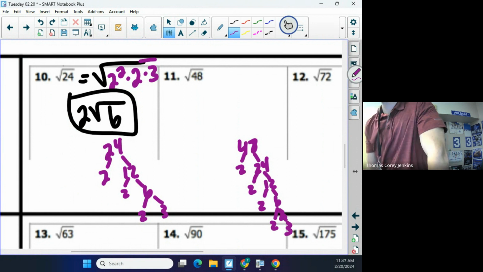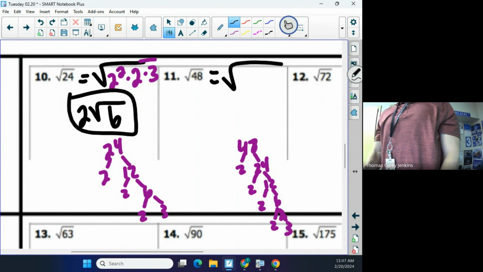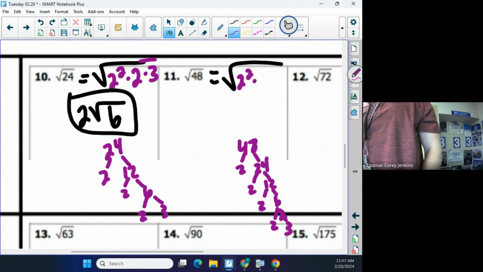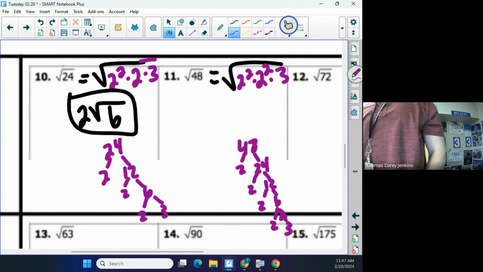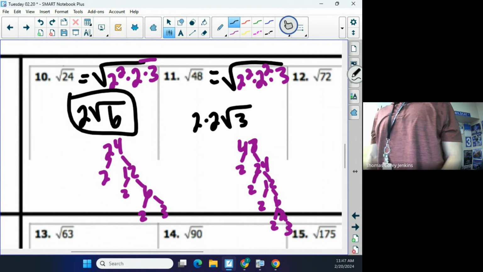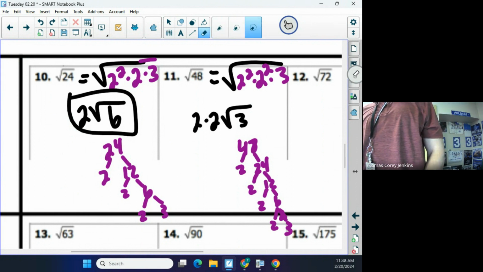You guys are talking about what's the answer going to be. I love that. Love you thinking ahead. So there are 4 2's, 2 to the 4th power. I'm going to write that as 2 squared times 2 squared, because those are 2 perfect squares. And then we have times 3. So what comes out? The 2 squares, right? So what would come out would be 2 times 2 times radical 3. And then, of course, we could simplify 2 times 2 to be 4. So final answer, 4 square roots of 3.